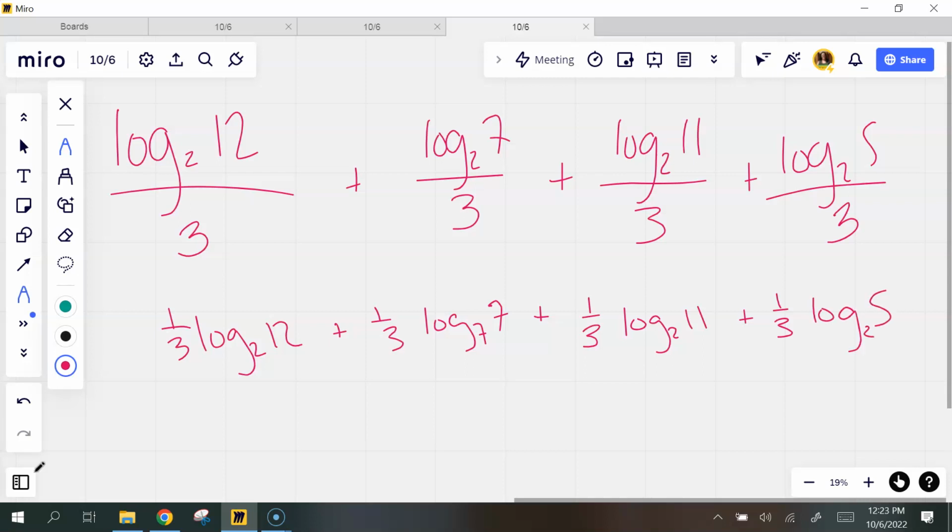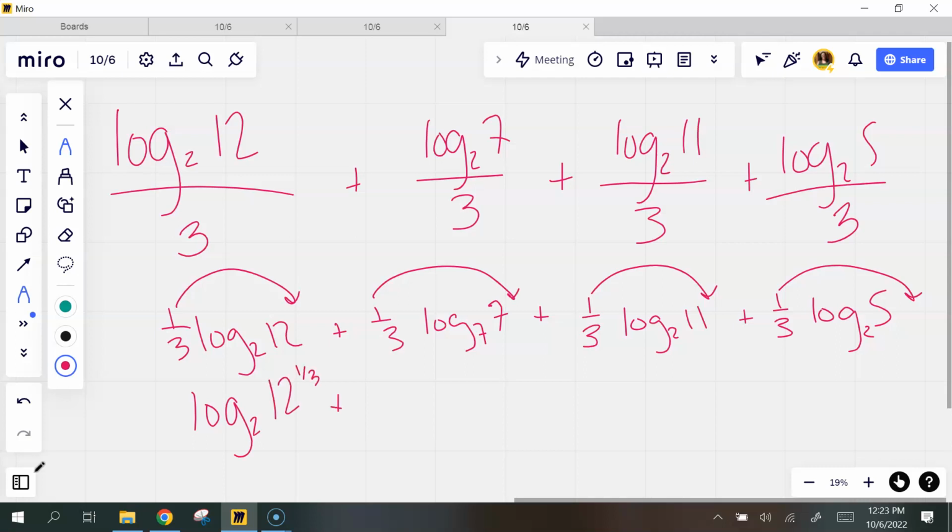Now, because these are numbers in front, I'm going to bring them around as an exponent. Now I multiply.